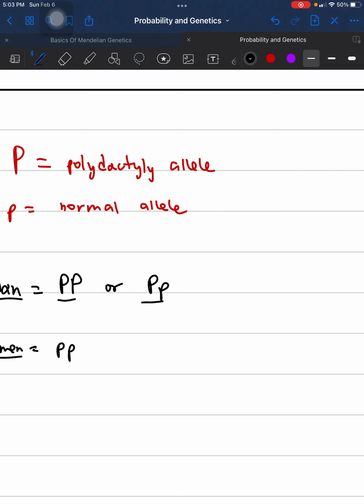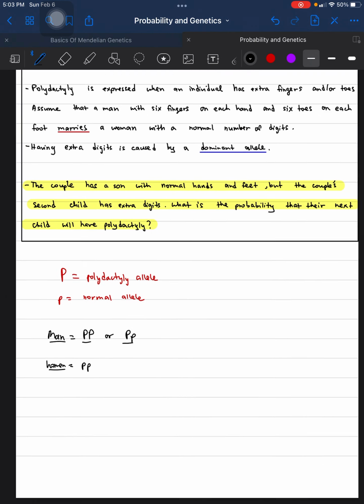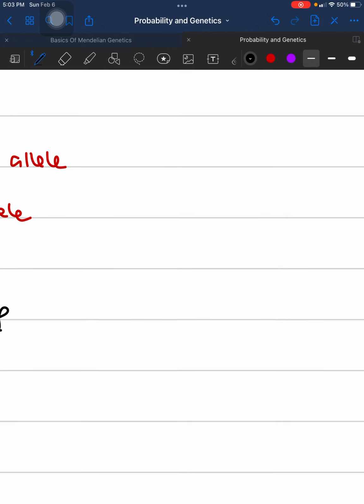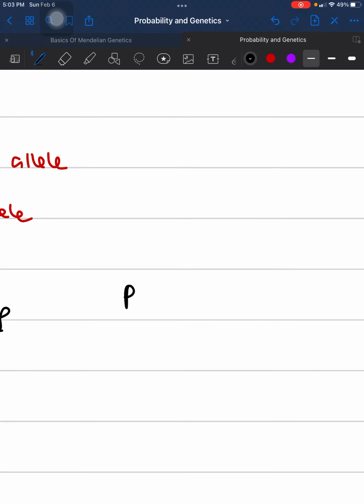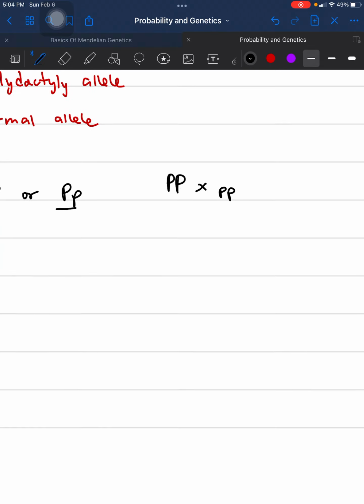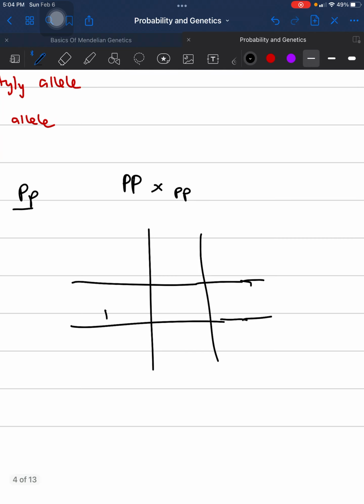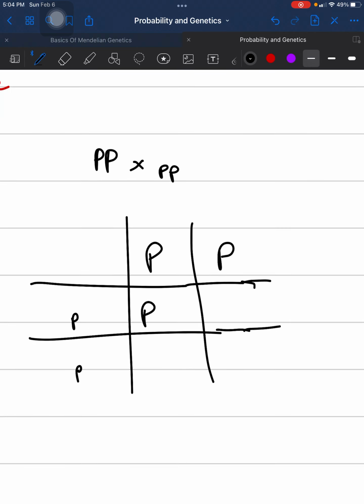So this is kind of going back to the basics of Mendelian genetics video where we talked about the test cross, right? So let's do a test cross where we're going to cross capital P, capital P times lowercase p, lowercase p.